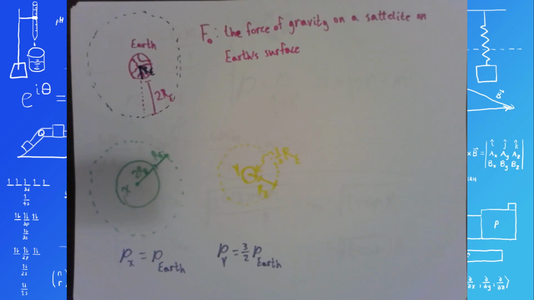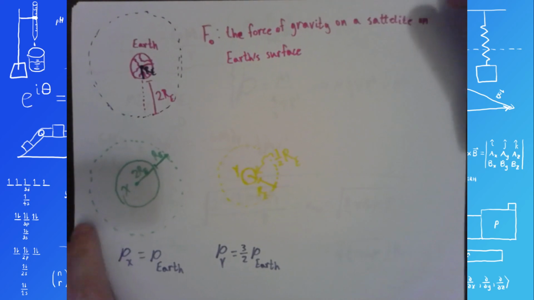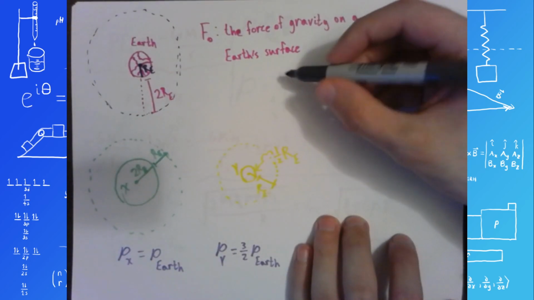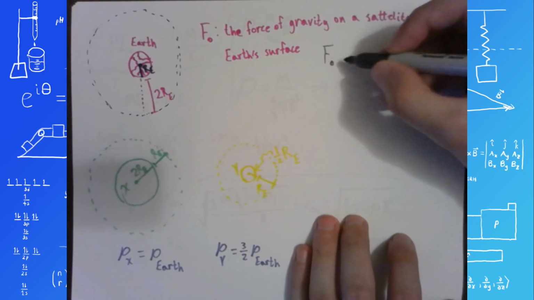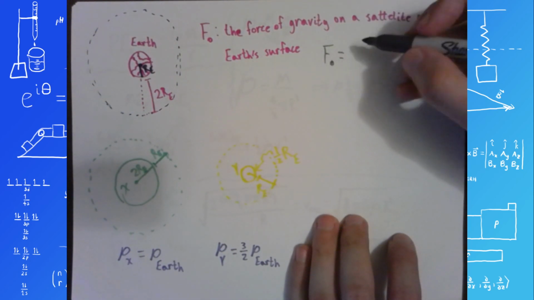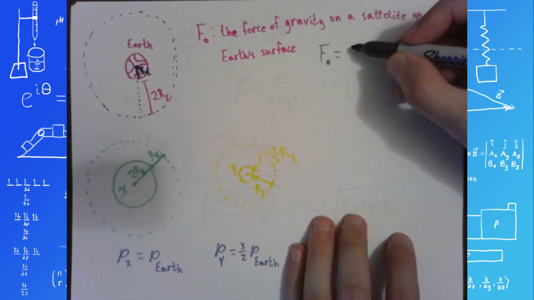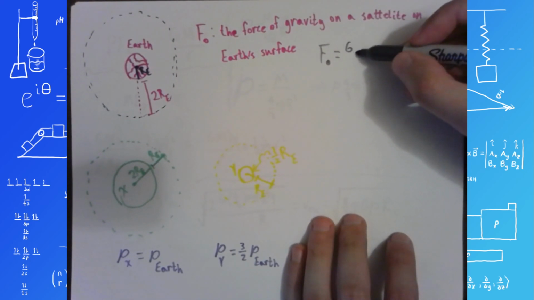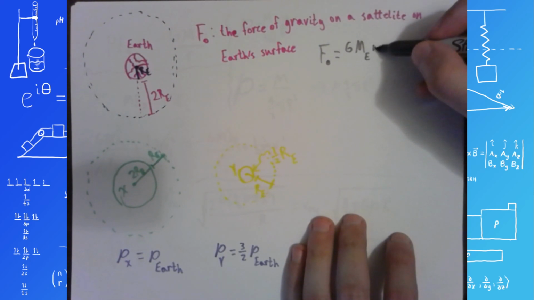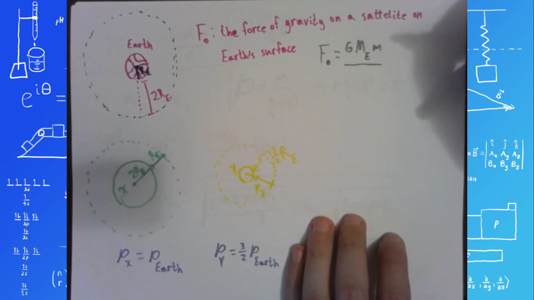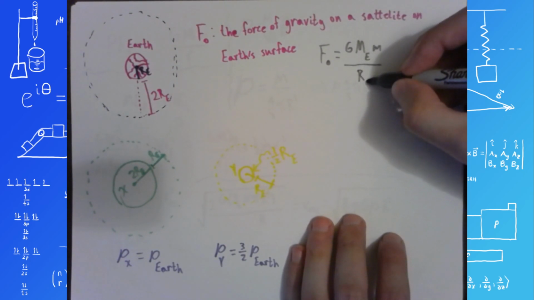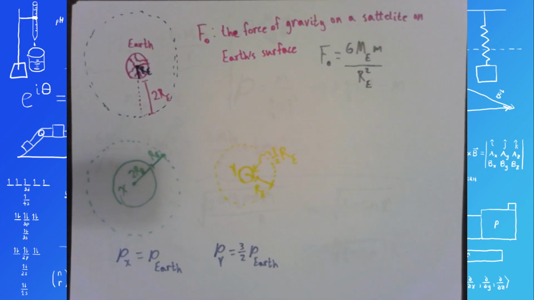Okay, so let's go ahead and grab a definition for F0 in terms of Newton's law of universal gravitation. So let's do F0 is equal to the big G times the mass of the Earth times the mass of the satellite over, I guess that would be the radius of the Earth squared.